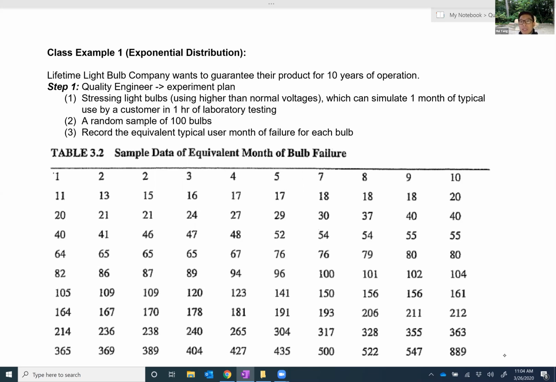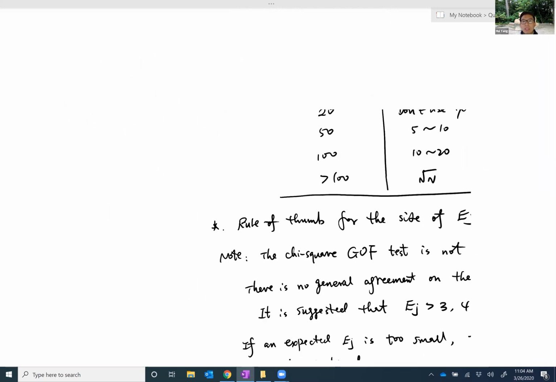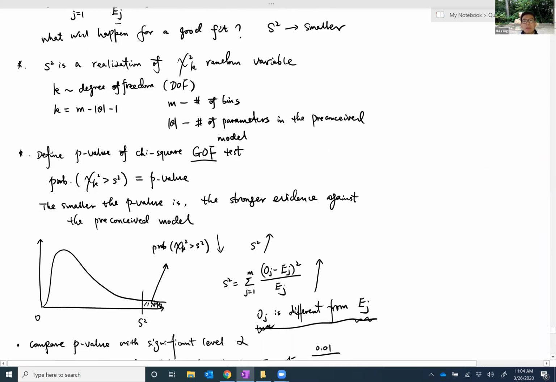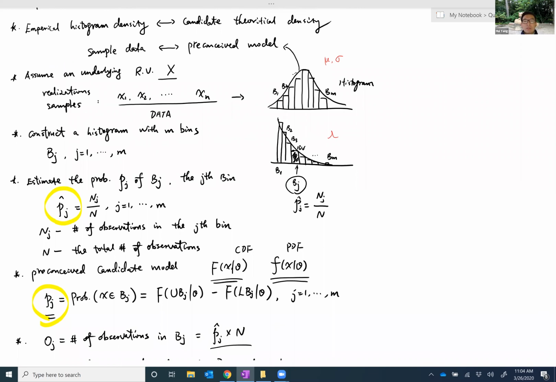So we want to check whether the exponential distribution is a good fit for the lifetime of the light bulb. If you want to find out whether you have a good fit, let me zoom in a little bit. Once you got the data, no matter if it's from light bulbs or any data set, you can do the histogram, no matter what the distribution is. From the histogram, you can visually make a preconceived model.